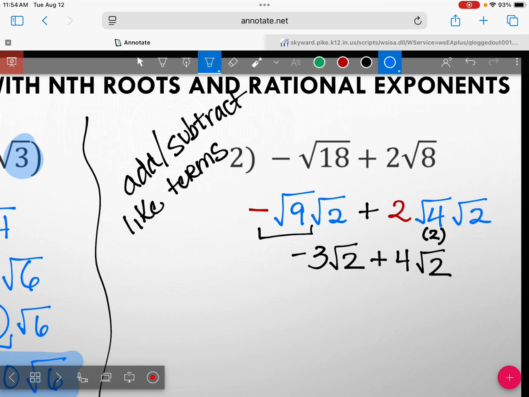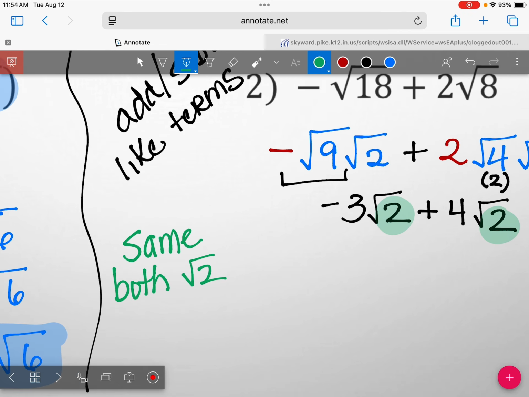So what I want you to notice is that now these are the same. And because they're the same, meaning that they're both root 2, if one was a root 2, the other one was a root 3, that wouldn't work. Because they're both square root of 2, that means that they're like terms.